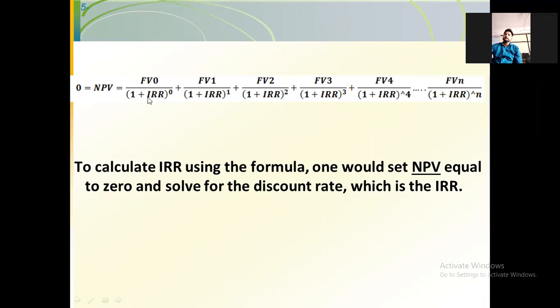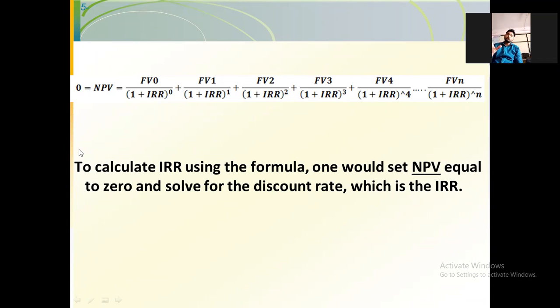On that basis, you can use the trial and error method for the calculation of IRR. Let us say for the 10% calculation, you get NPV equal to 100. For the 20% calculation, you got NPV equal to minus 100.